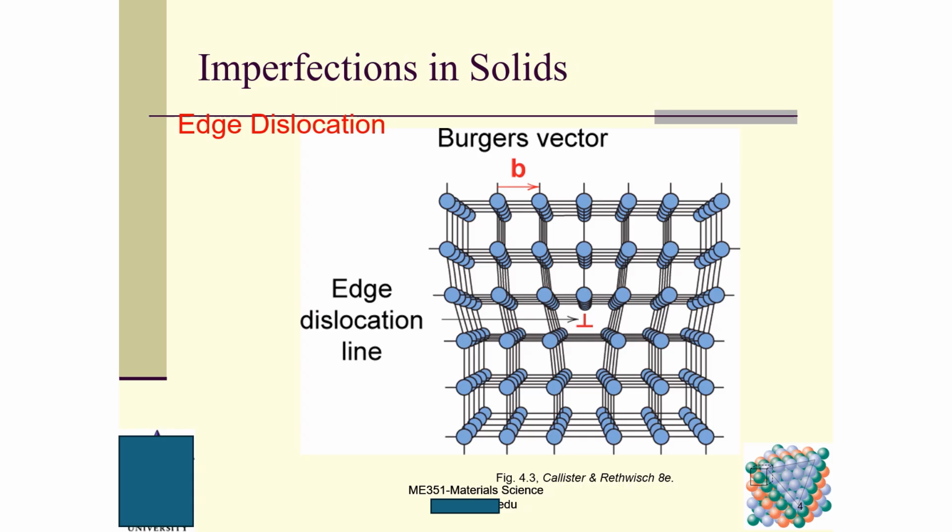This is called the edge dislocation line, and we use this sign to denote this edge dislocation line. And b is the Burgers vector, which is perpendicular to this line's orientation.